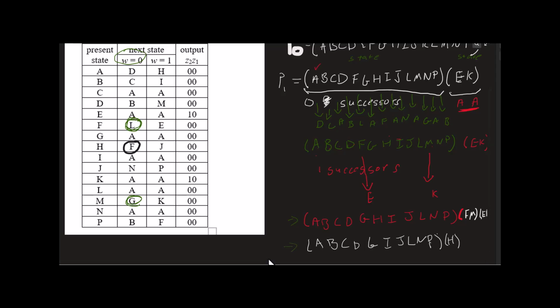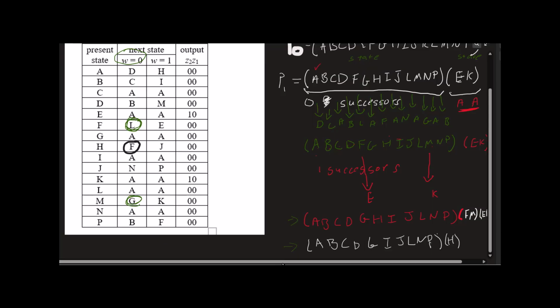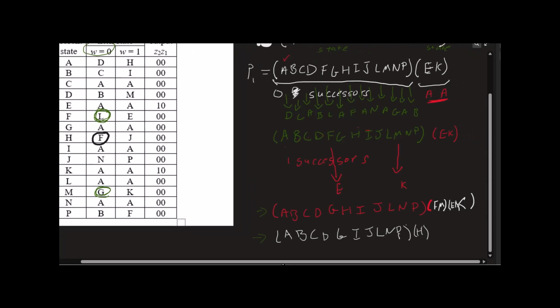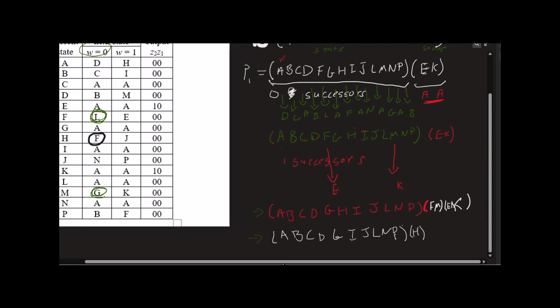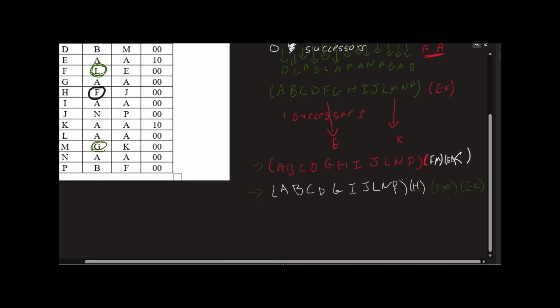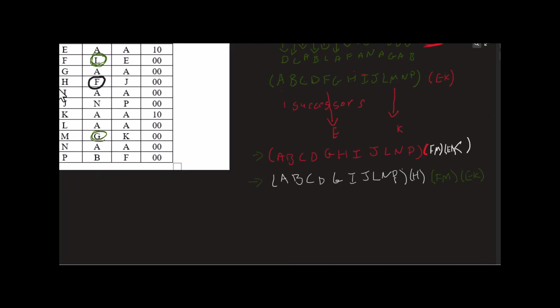This is the part where I said if you want to be careful, you can jump ahead and look at the next set ahead if you want to, and it will work. But if you wanted to be safe, you just stick with your original set. But it doesn't matter either way. They go to the same place. So that's F and M. And we already decided that we knew E and K were going to stick together, so we're not checking those. So those were the 0 successors.